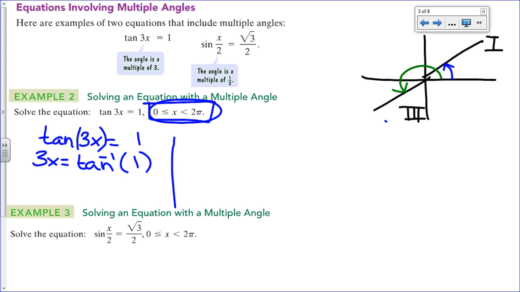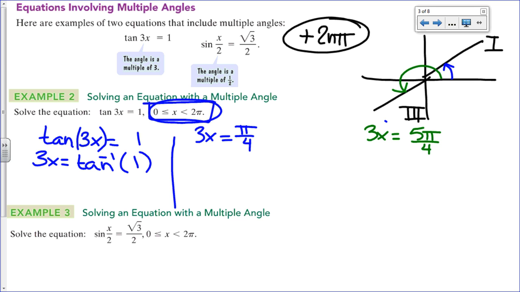So one of our solutions was 3x is equal to pi over 4, right? And then the other one was something like 3x is equal to pi over 4. Okay, so what we're going to do here is we're going to consider plus 2n pi.